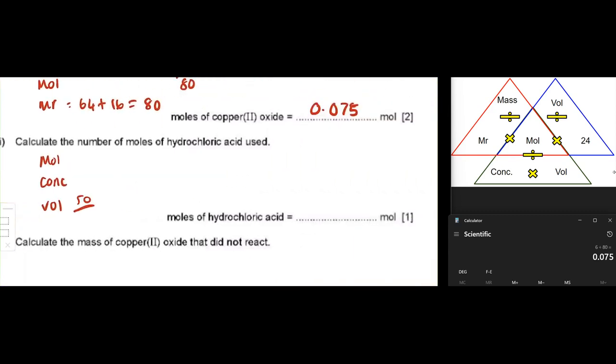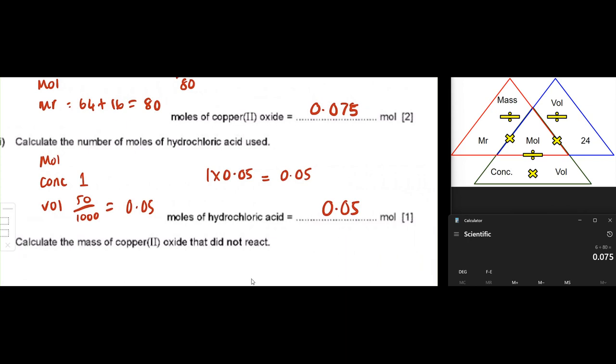For volume, we need to divide by 1,000 to get into dm³, because triangles only work in dm³. That gives us 0.05. Concentration is 1 mole per dm³. So to find the number of moles of hydrochloric acid, I do concentration times volume: 1 times 0.05, which gives me 0.05 moles.